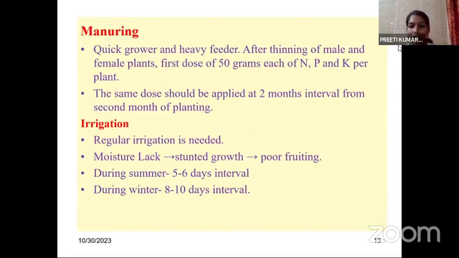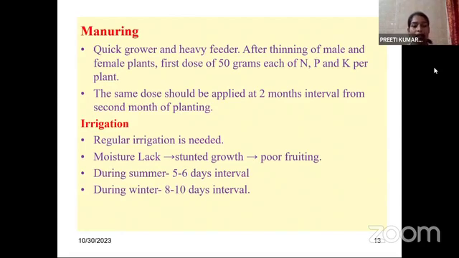Then the same dose should be applied at 2 months interval from the second month of planting. As the seedling is planted, the first dose we give is 50 gram NPK, and after 2 months, again 50 gram is given.